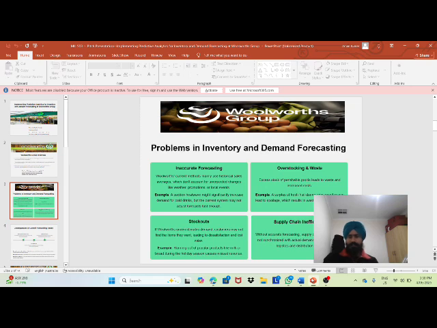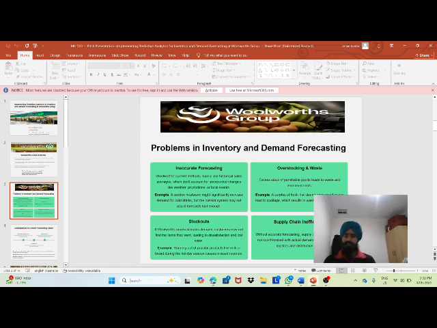If I talk about overstocking and waste, excess stock in a company also has a big detrimental effect on its growth. For example, there are a lot of perishable goods which get spoiled quickly, such as bananas, strawberries, and other fruits and vegetables, which spoil in a short period of time.